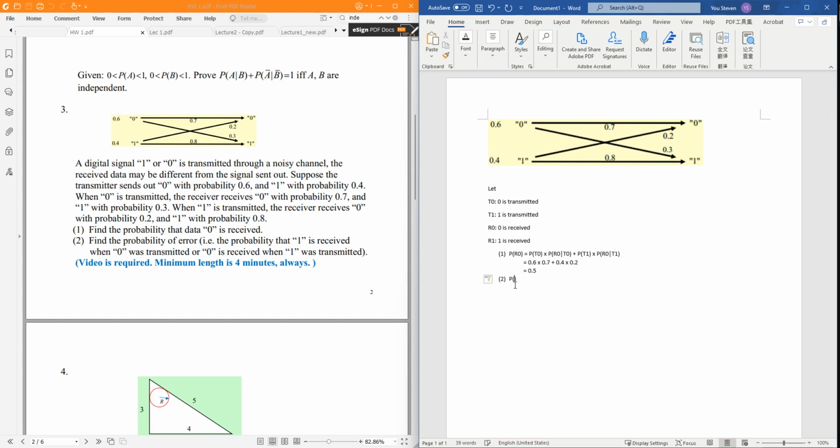So the probability of error is: it sends a 0 but receives a 1 under the condition that 0 is sent, plus sends a 1 but it actually receives a 0.